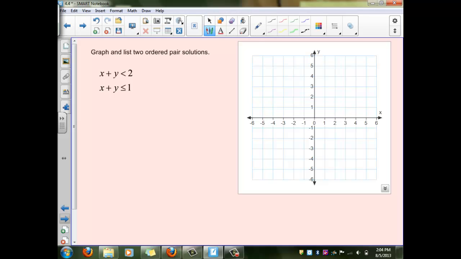Same idea. And notice on this one, once again, if we tested 0, 0, we have 0 less than 2, so we want this side.